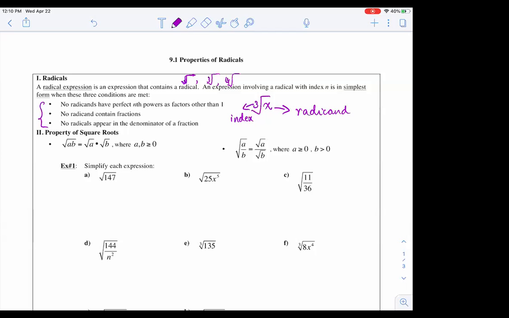So the number that sits in the basket looking thing is the index. Whatever is inside the radical is radicand. That root symbol itself is called the radical. So radical, index, radicand. To get it. All right.